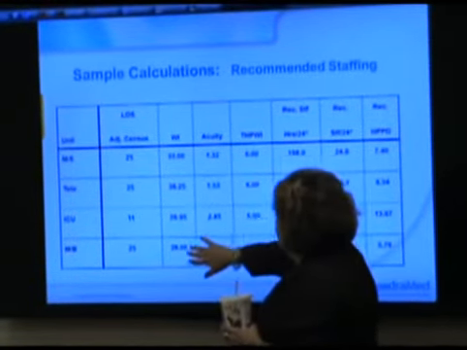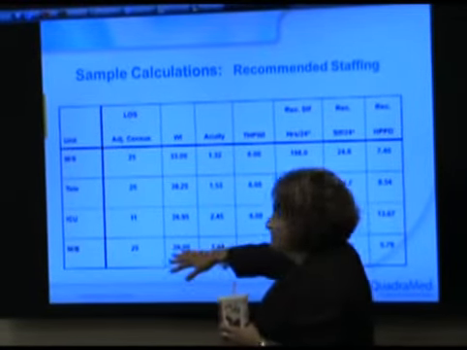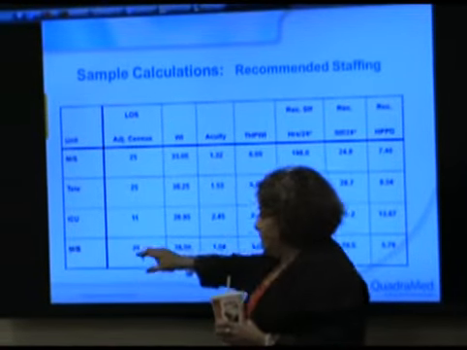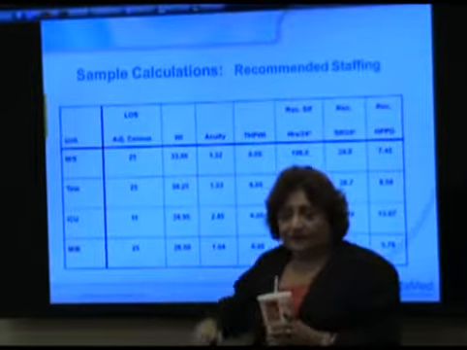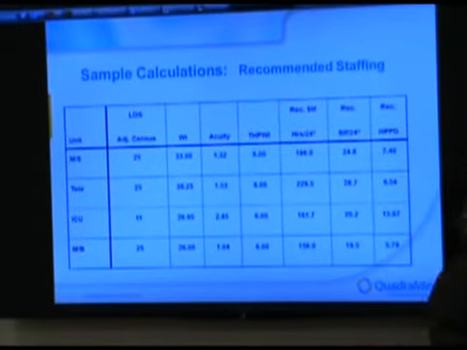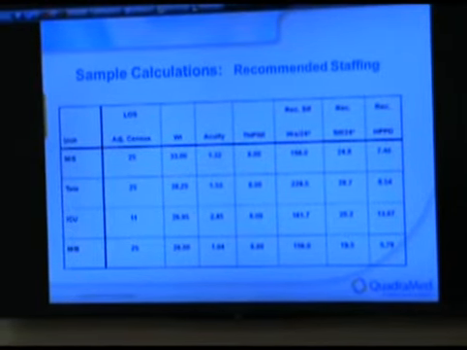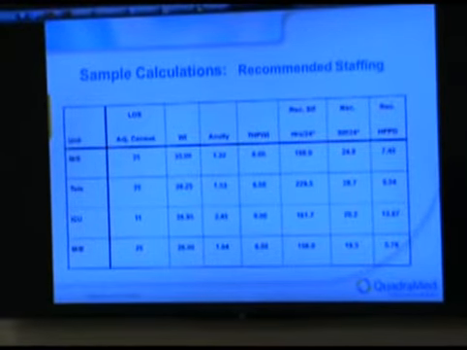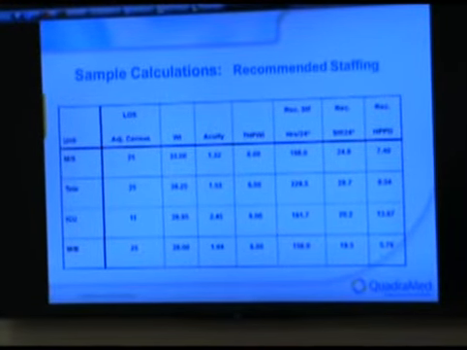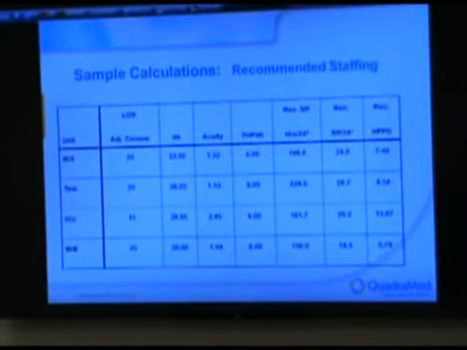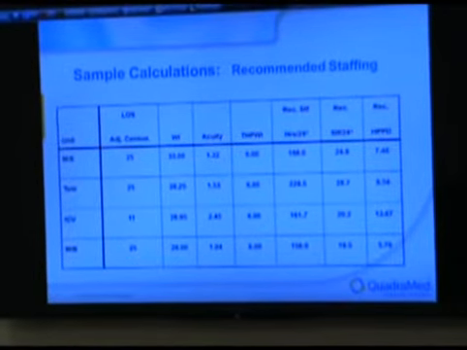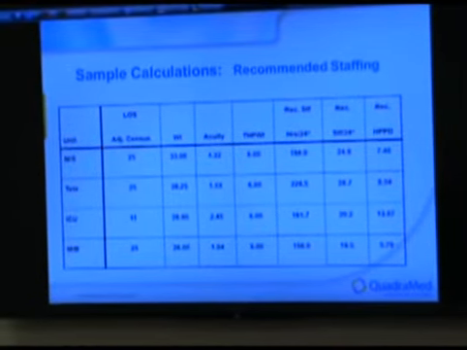But if we're creating workload from census times acuity, and workload means the same thing on every unit, which is the equivalent of a type 2 patient, if the workload is the same, should the staffing recommendations be the same?